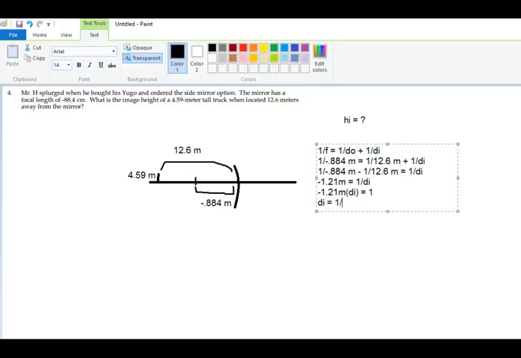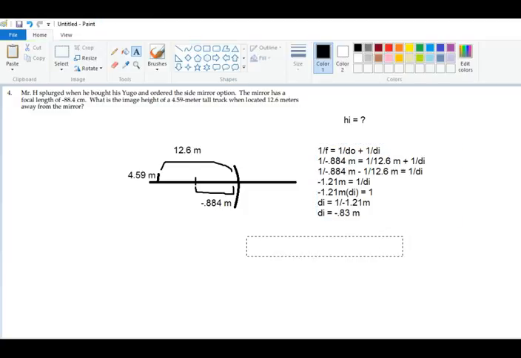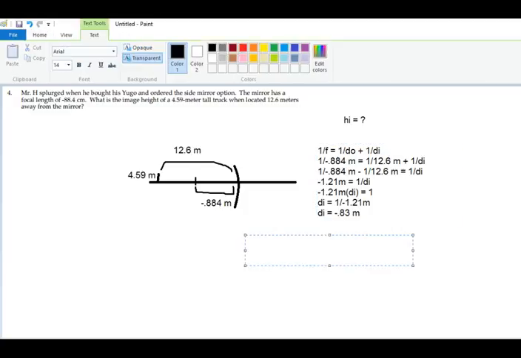So 1 over negative 1.21 meters, and after dividing we should get about negative 0.83 meters. Now this isn't the answer, but it gives us everything we need to find the answer using the magnification equation.